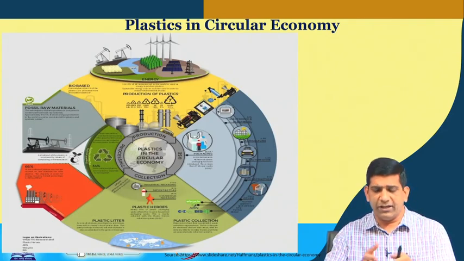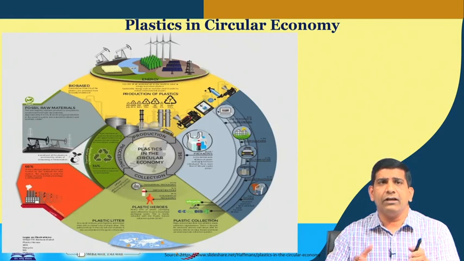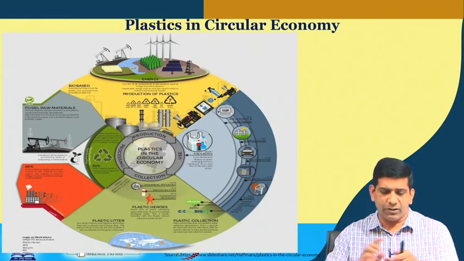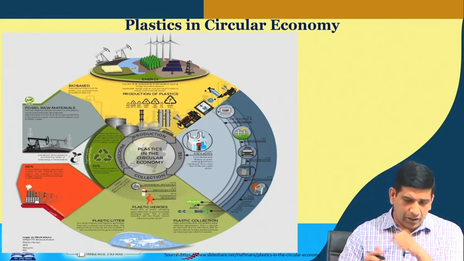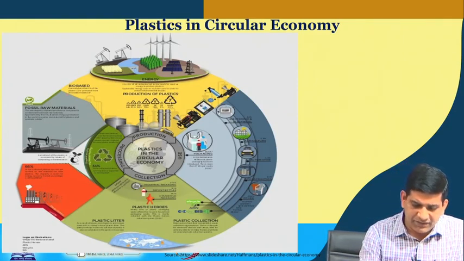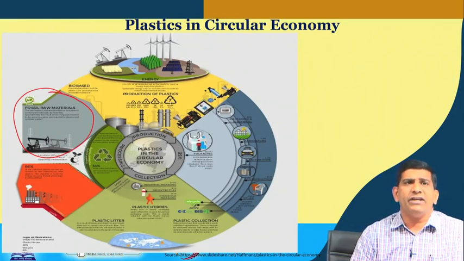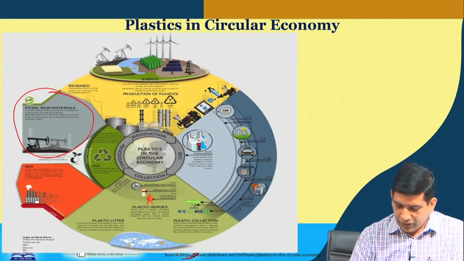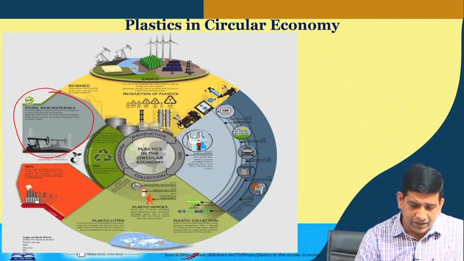So, we will look at this video, explain this slide, and then stop this particular video. Here we have two types. Essentially, plastic as we know it is a fossil raw material. It is a fossil fuel based raw material. That is where the raw material is coming in.